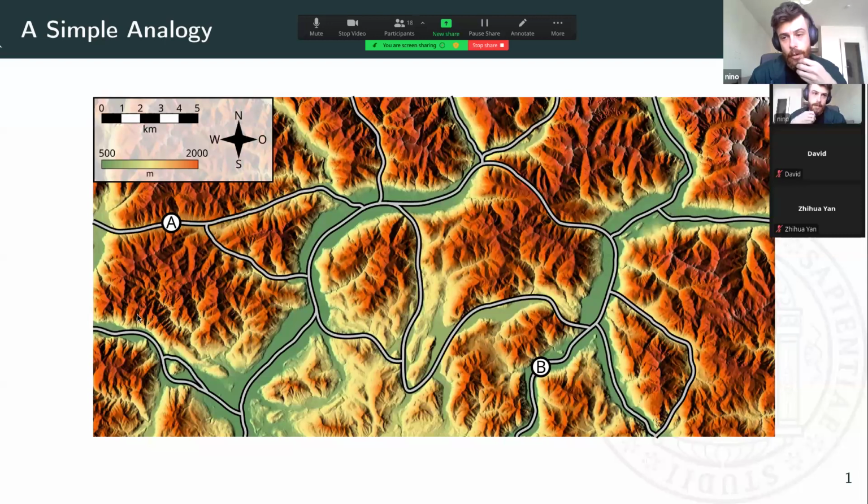And with all this information in place, you're then able to condense this, and given your preferences, you're able to decide, okay, which is the best option for you to take, which is the pathway that is best to your desired hiking route.